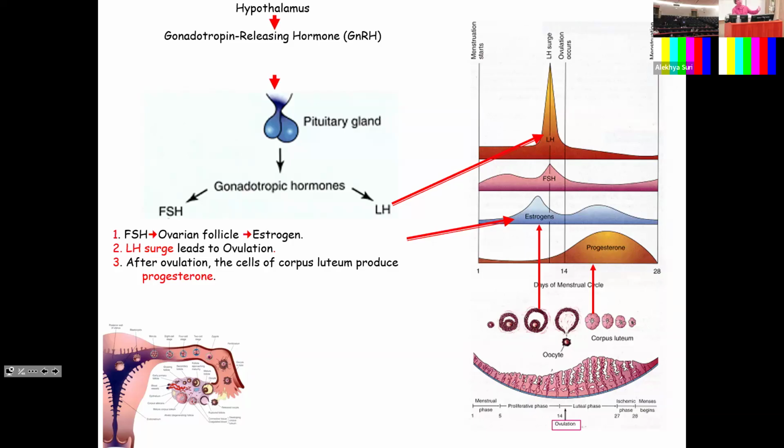Okay, and this happens every month for many years. And then there is an ischemic phase, the endometrium dies, and then menses begins. And it continues again with the next cycle, the continuation of menses, and then again the proliferative phase.